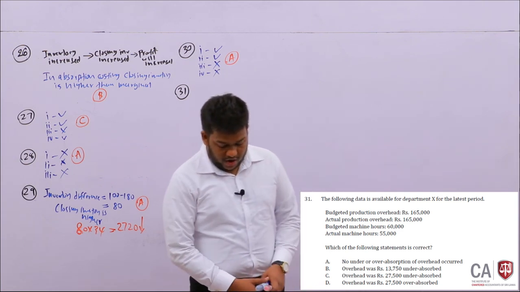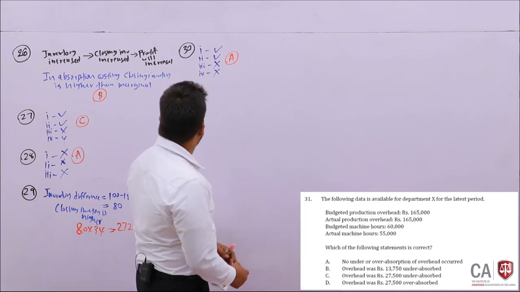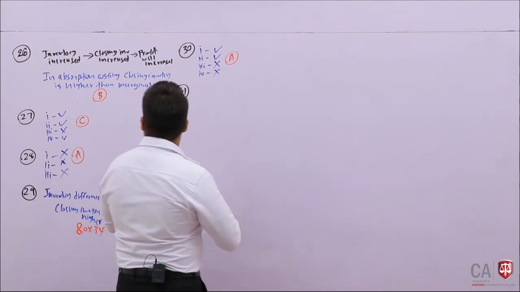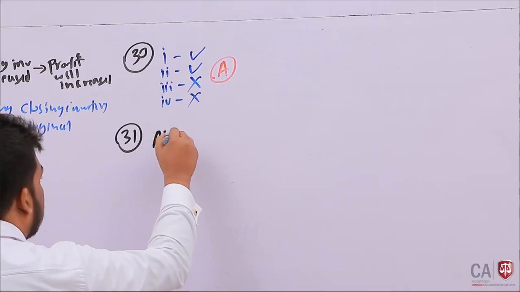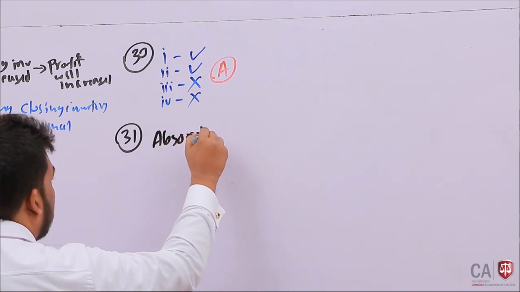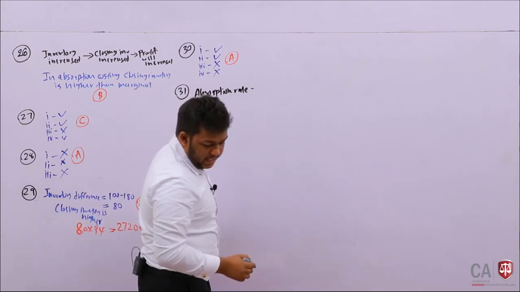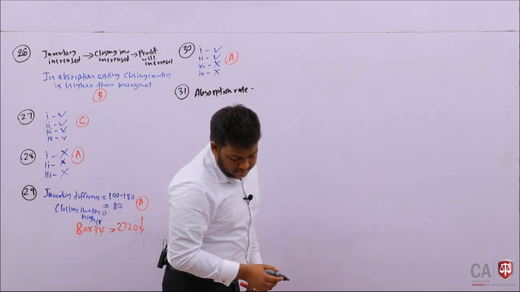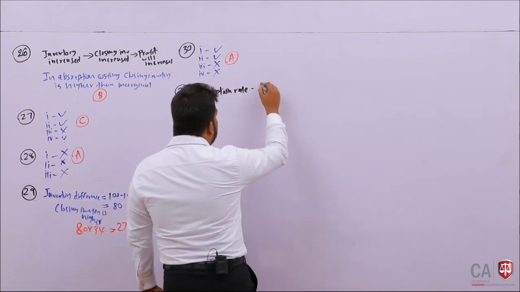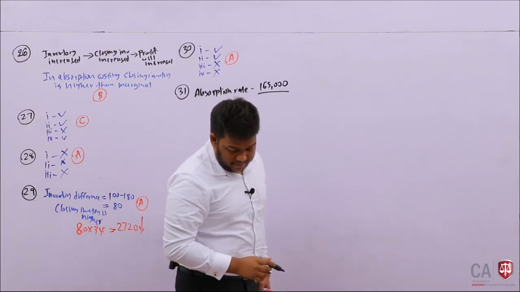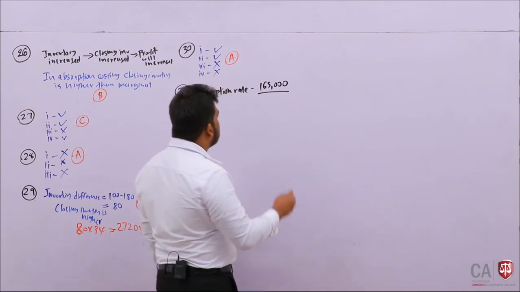First of all, you have to find the absorption rate. Absorption rate is budgeted production overhead 165,000 divided by budgeted machine hours 60,000.